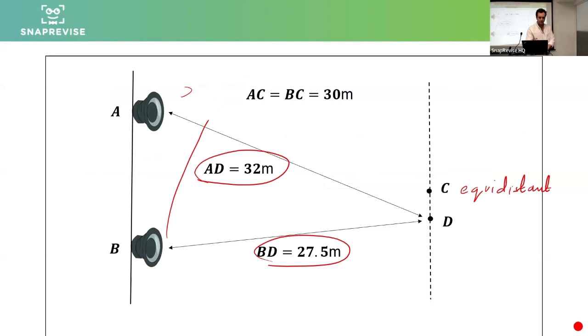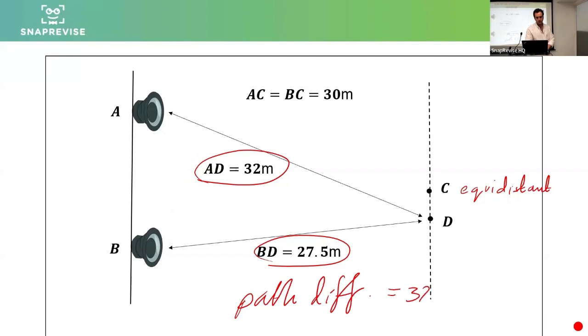None of that is necessary. Surplus to requirements. Instead, we can just say the path difference is 32 minus 27.5. So that's 4.5, which is 1.5 times our wavelength.